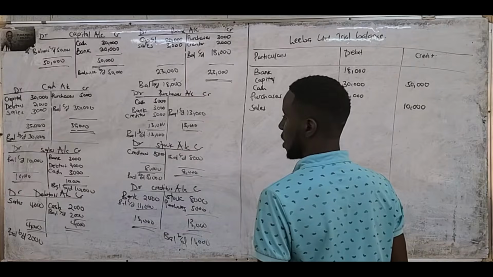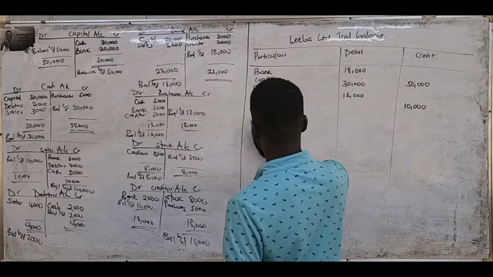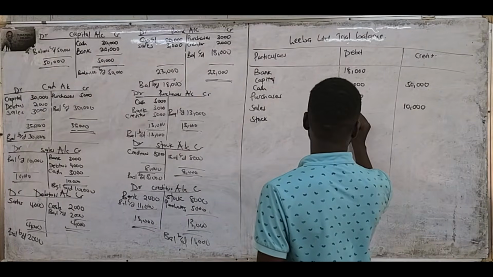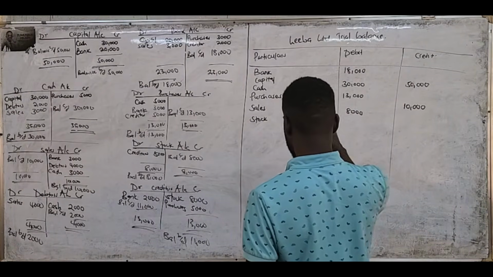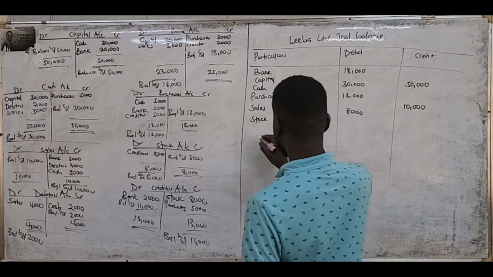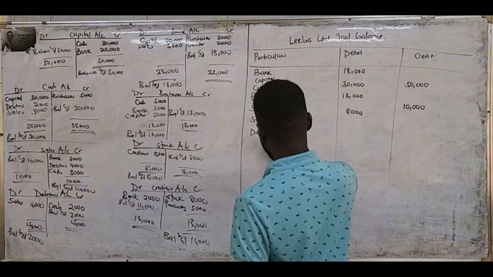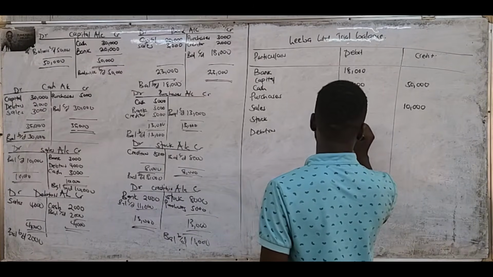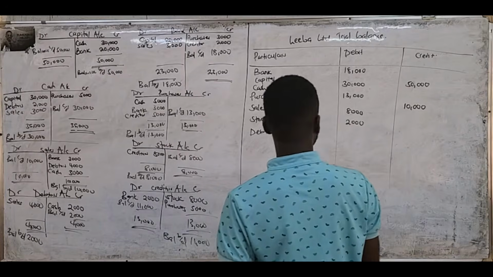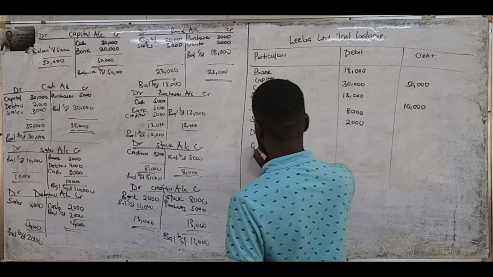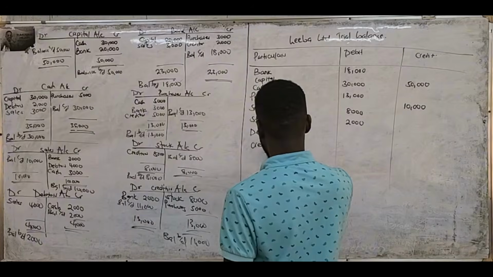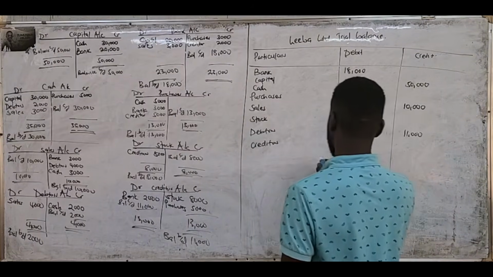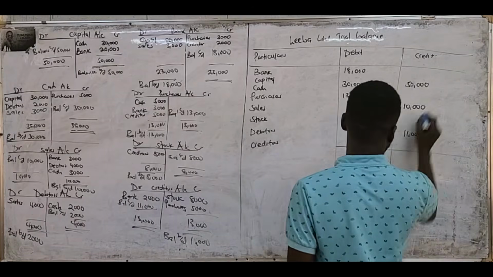And then we have stock, and our stock, the balance carried down is 8,000. Okay. Then next we have the debtors, and the debtors, the balance that we have is 2,000. Okay. Then last we have our creditors, and the creditors, the balance that we have is 11,000.